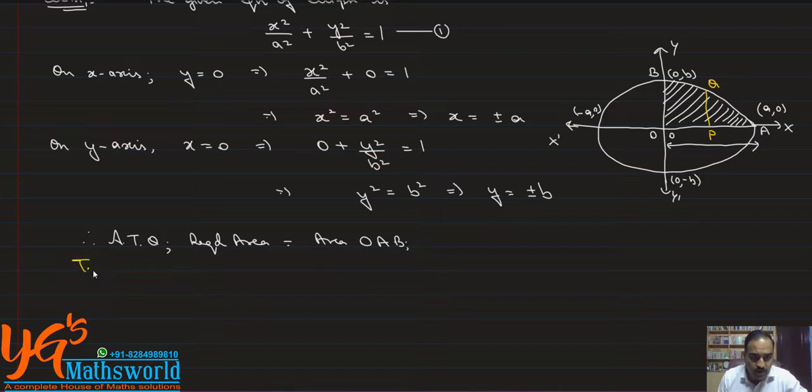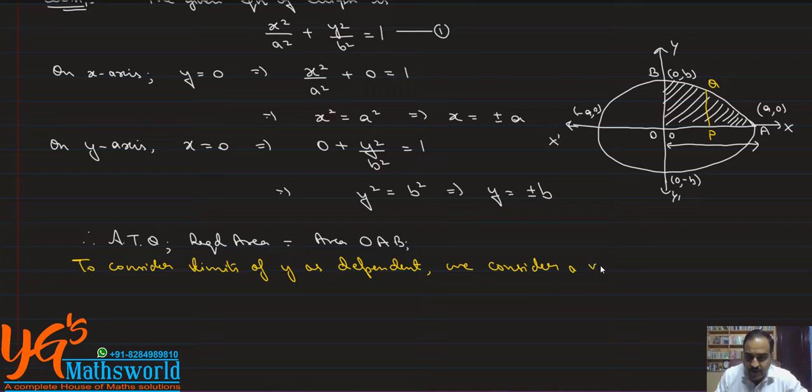So to consider limits of y as dependent, we consider a vertical strip PQ such that at P, what is the value of y?